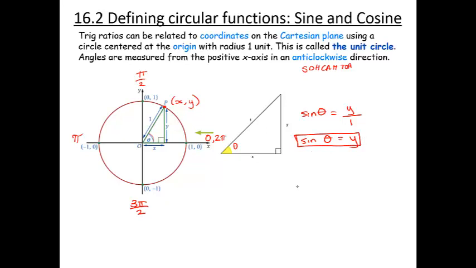Similarly, for cosine, the cos of theta is the adjacent, which in this case is x, over the hypotenuse, which is 1, so cos of theta is always equal to the x coordinate. Now we're going to take a look at some exact values using these properties. Sine of theta is always equal to y, cos of theta is always equal to x.